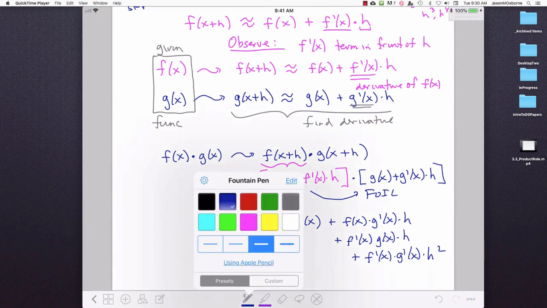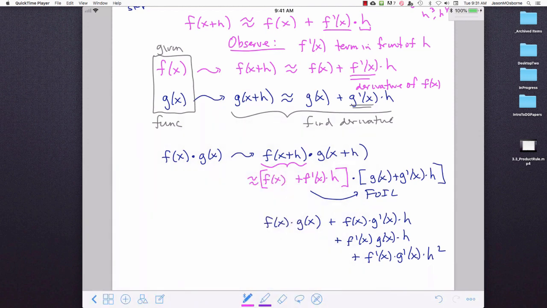And remember, right, that when we did the f of x plus h times g of x, you got the function back again, f of x times g, and then the derivative of f of x times g of x is the term in front of the h.